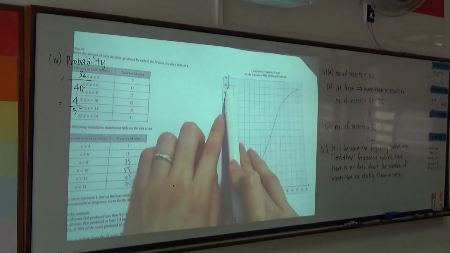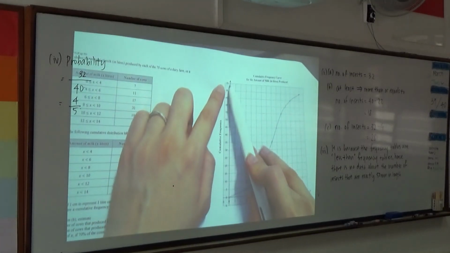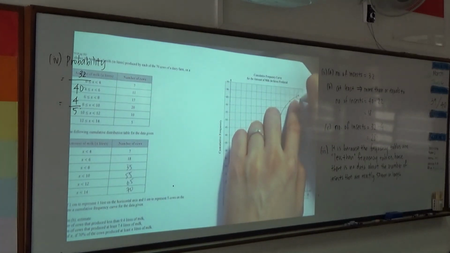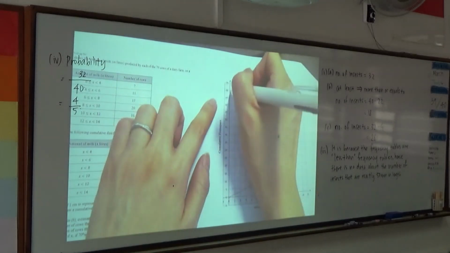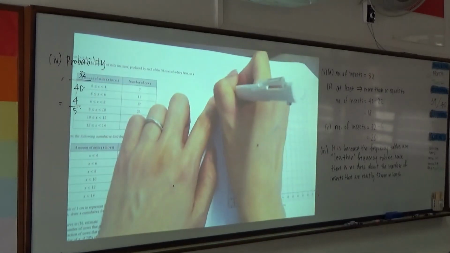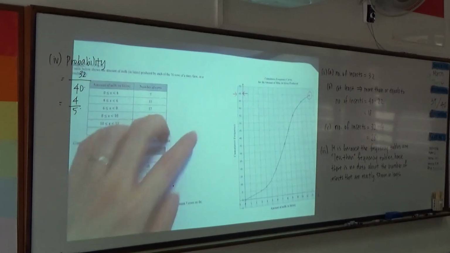Don't always jump to the conclusion that the highest number that the y-axis can go to will be the total frequency. So only base it on the last point, go over to the y-axis, then you can read that this value here is your total frequency.